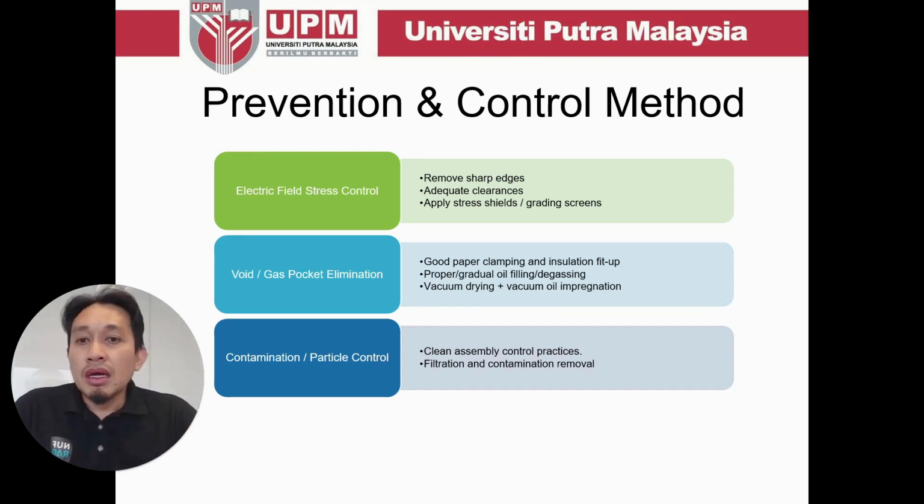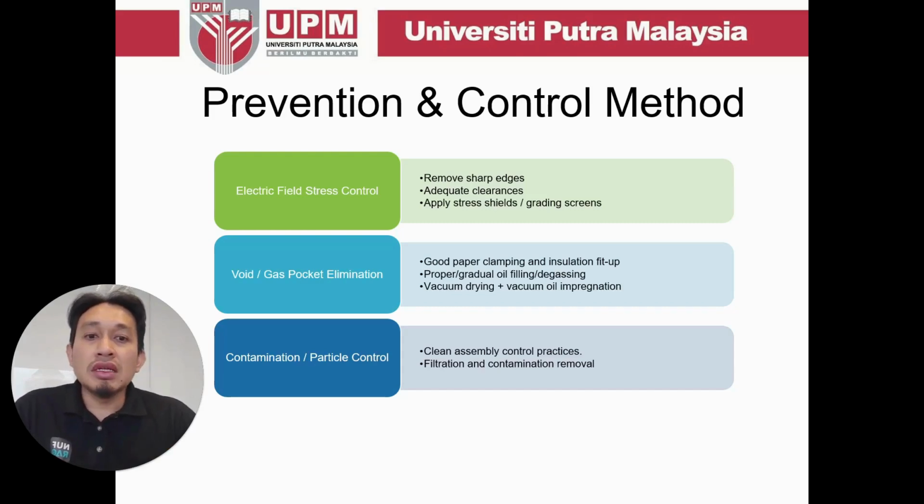The next strategy is void, gas, and pocket elimination. Two things that we should be careful about. The first one is good paper clamping and insulation fill up, which means whenever we stack up our paper to form an insulation within the transformer, we make sure the layering is done properly so that there are no potential bubbles within the layers.